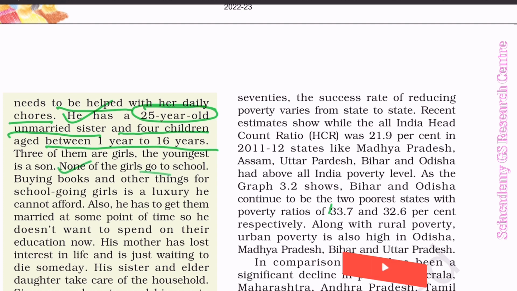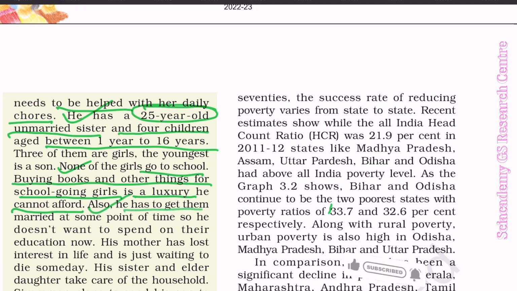None of the girls go to school. Buying books and other things for school going girls is a luxury he cannot afford. Also, he has to get them married at some point of time, so he does not want to spend on their education now. His mother has lost interest in life and is just waiting to die someday.